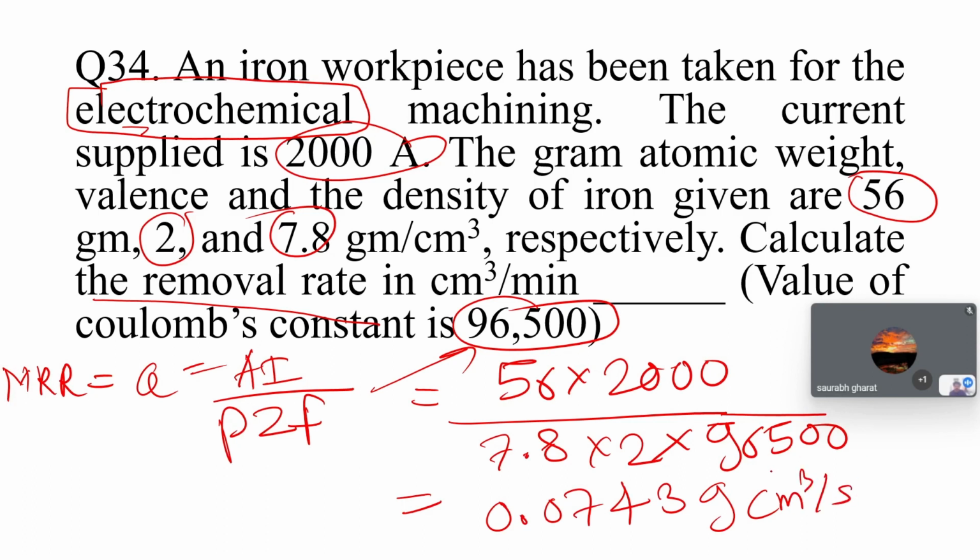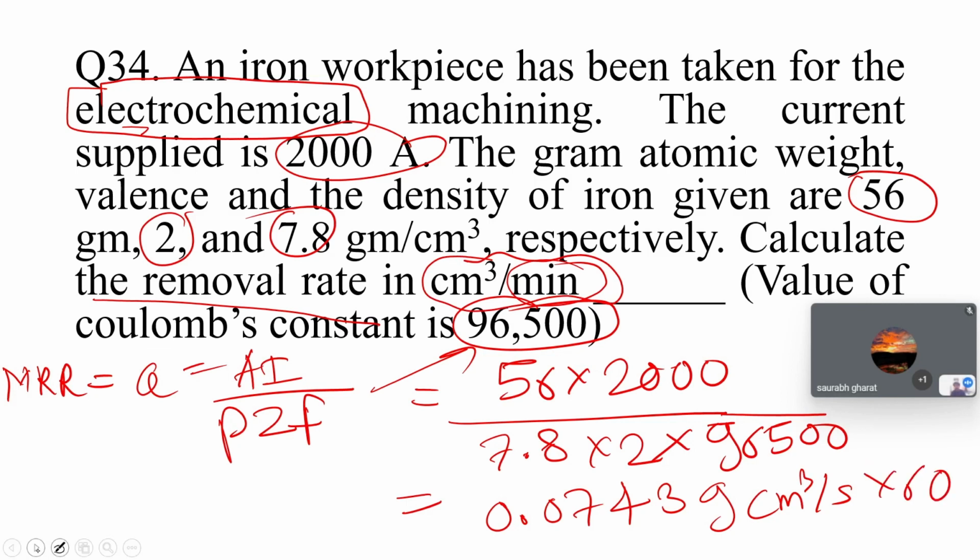But what do we want? We want it in minutes. This is in seconds, so what we want is actually in minutes. You might get confused here, but what we want here is in minutes. So multiply by 60.